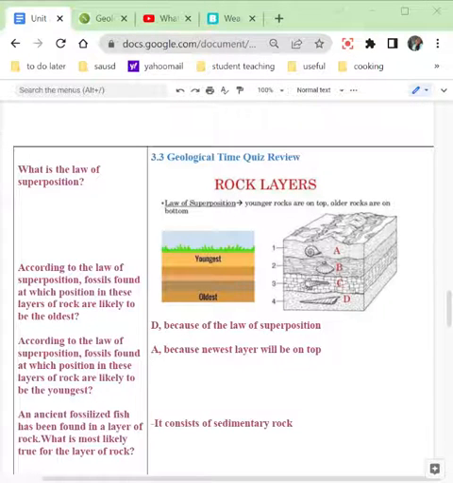And how deep they go, they can have an estimate on how old or what time period these fossils are from. So I can't give you an exact answer, but I'll say less than 100 years at least. Because they vary, right? They vary based on how the sedimentary rocks stacked on top.